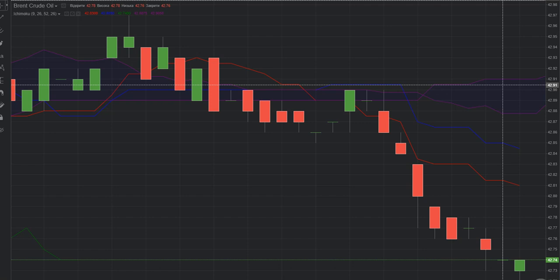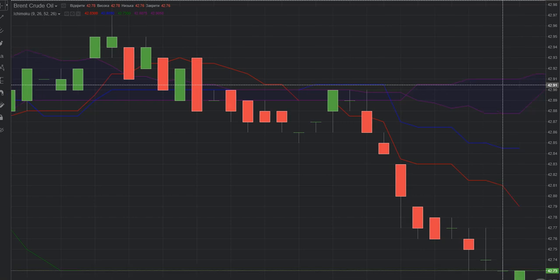A decreasing slope of the baseline indicates a downward trend. Unless there is a very strong trend, the baseline will often appear near the price.